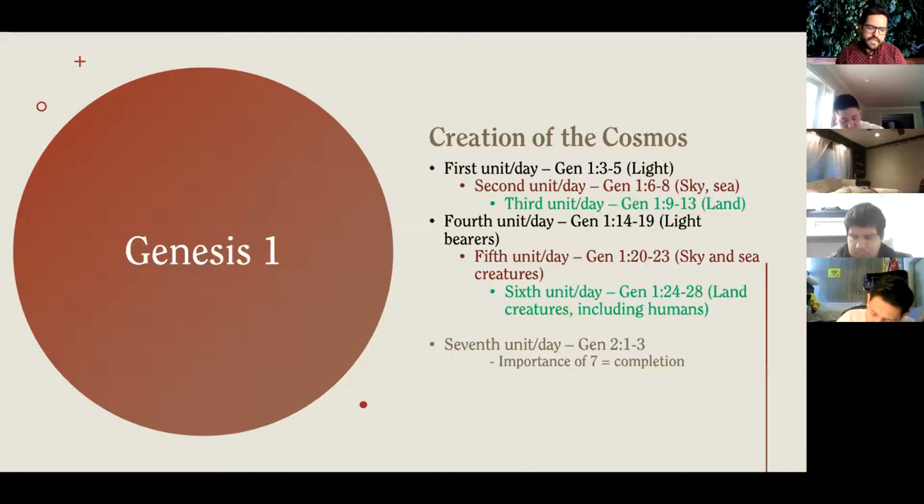But then also the setting apart of this day where God rests. And it's important to remember this because especially as we get to Exodus, the reason why the Israelites will Sabbath is because God took a break from creating.